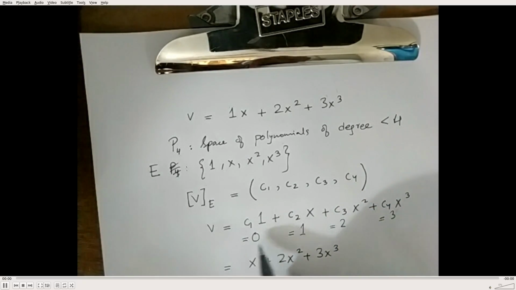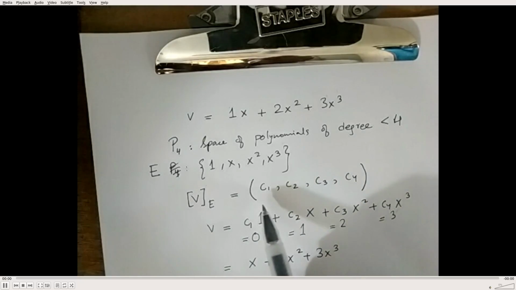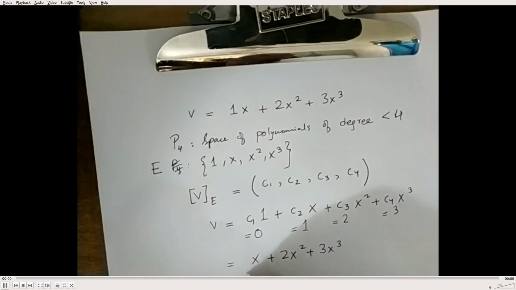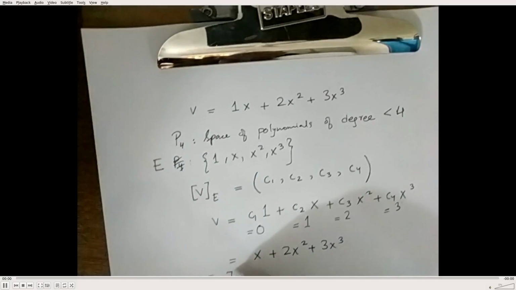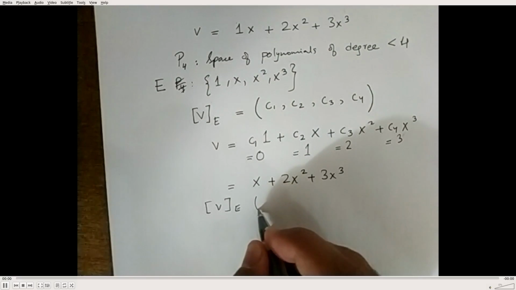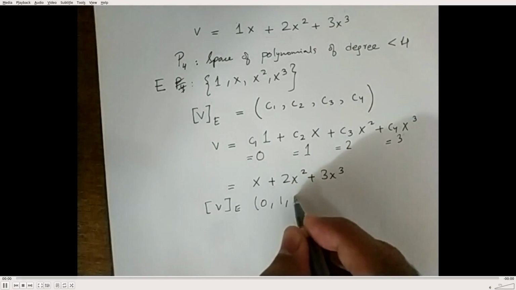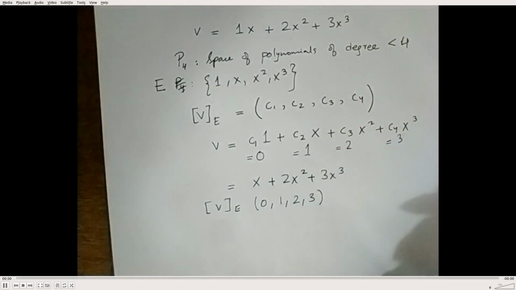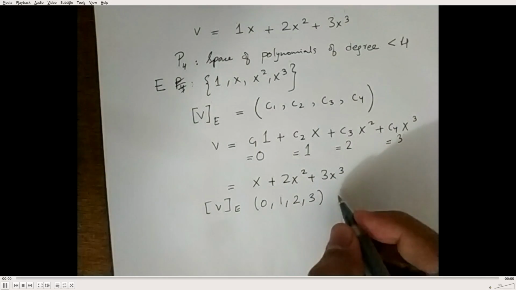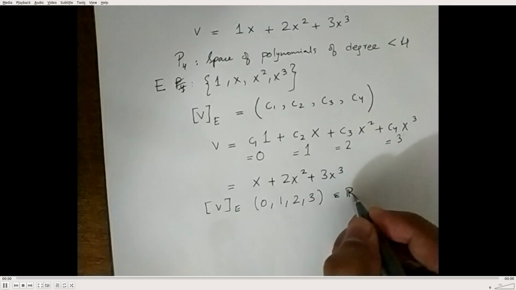So these are the coordinates with respect to this standard basis. And so the coordinate vector of v with respect to E would just be 0, 1, 2, 3. And now notice that this coordinate vector is in R4.